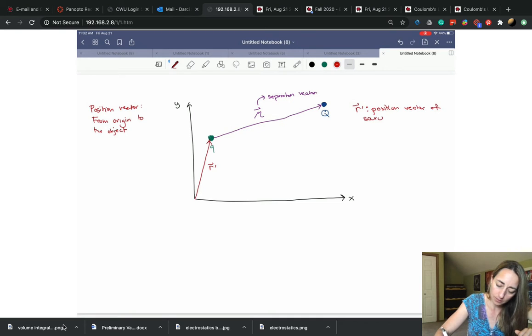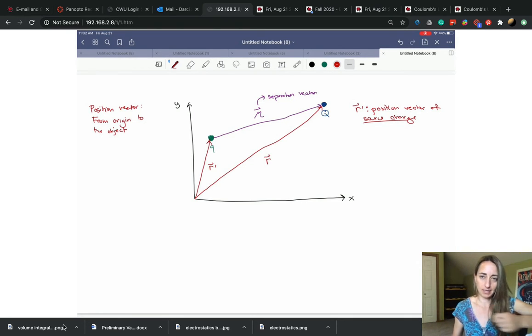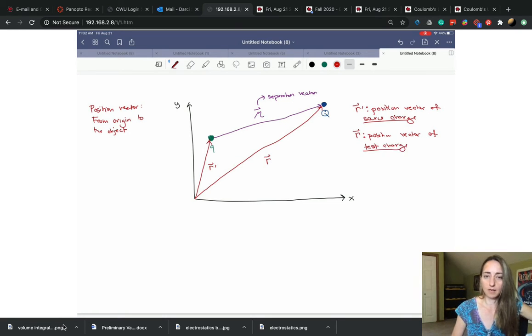So try to remember that when you see primes, we're talking about source charges. And this is a really long one to draw straight. It's straight-ish. My hand kind of gets stuck on the iPad sometimes. Our R vector here with no prime, that's going to be the position vector of our test charge. That's why there's primes and not primes. Both of them are R because they're both position vectors.